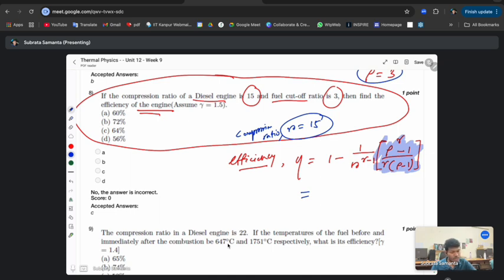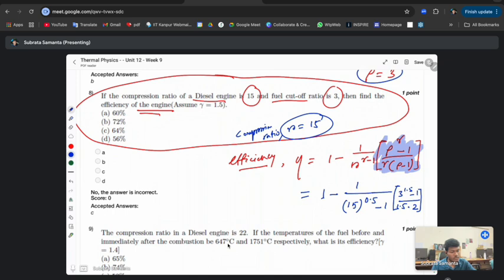So this is 1 minus 1 over r to the power gamma minus 1, where r is 15 and gamma minus 1 is 0.5, times, plugging in these values, rho is 3, so 3 to the power 1.5 minus 1 over 1.5 times 2.